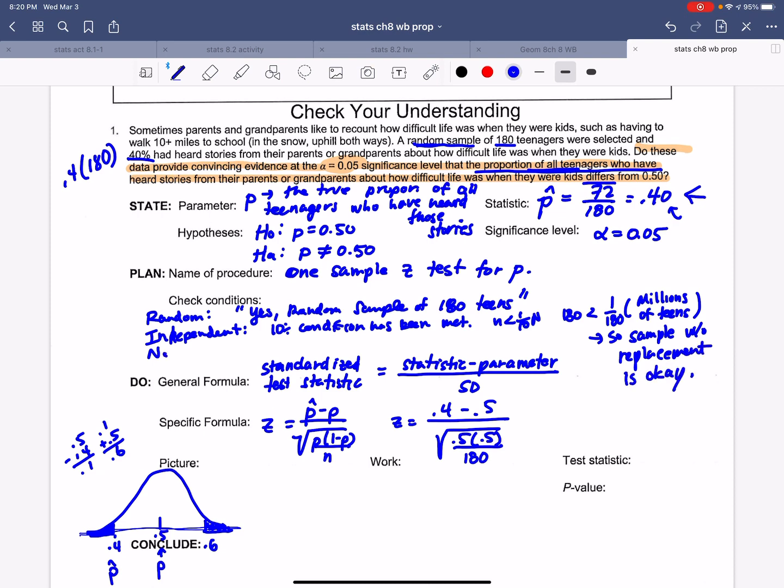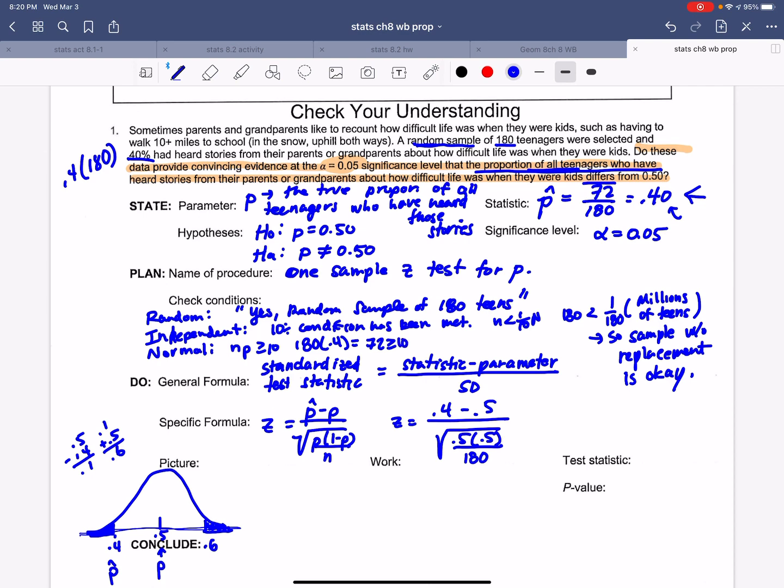All right, and the last one, is it normal? Well, I think so. We asked a lot of people, didn't we? So that's n times p has to be greater than or equal to 10. So we talked to 180 people, proportion's 40%. So we said that's 72.